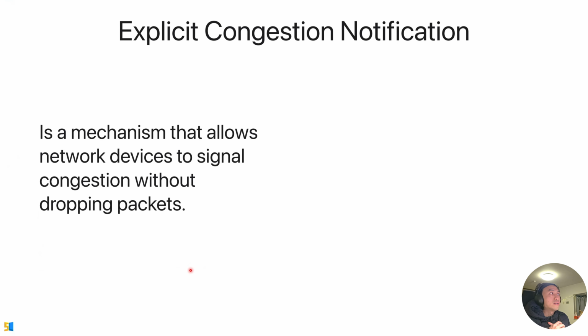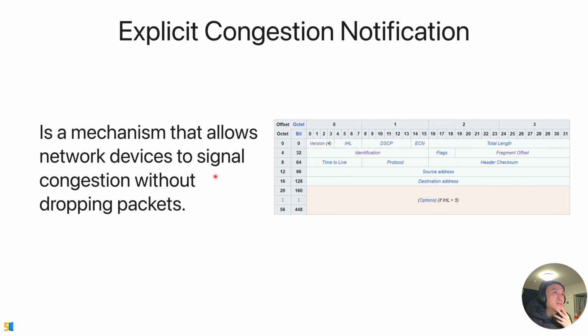So therefore, we have something called ECN. It stands for explicit congestion notification. It's a mechanism that allows a network device to signal congestion without dropping the package. That's awesome. So this is controlled by these 2 bits over here.